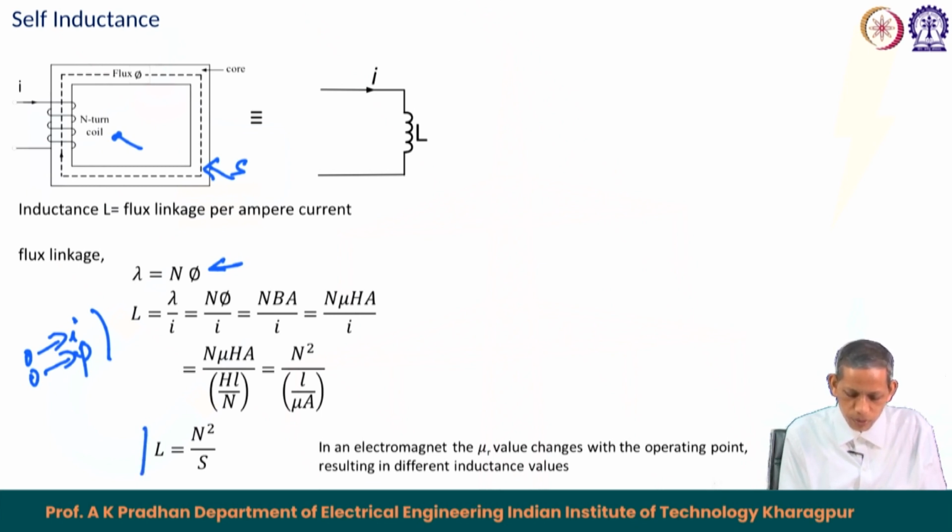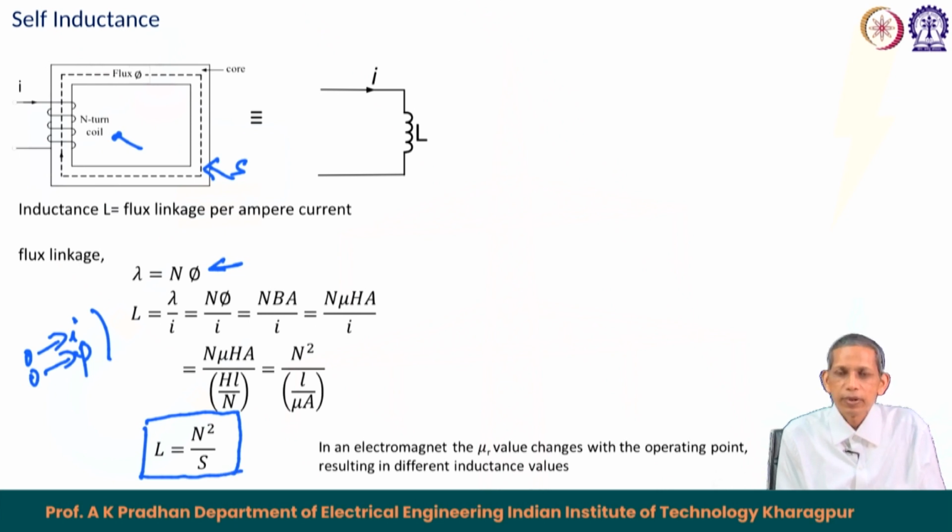So, this L becomes equals to N square upon S, where N is the number of turns of the coil and S is the reluctance of the magnetic path.